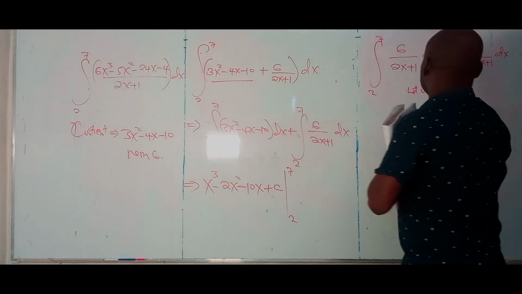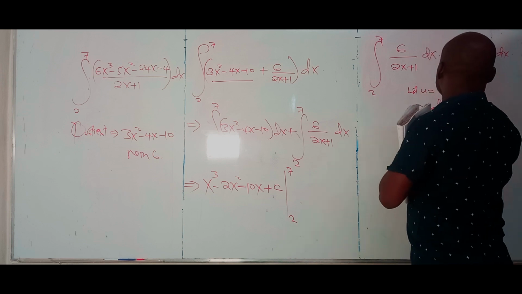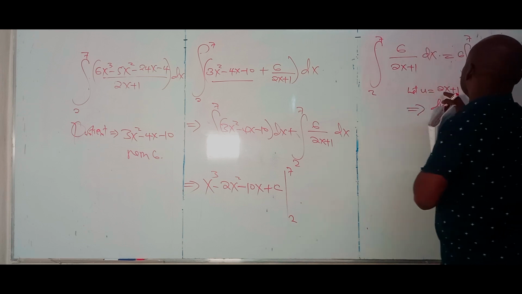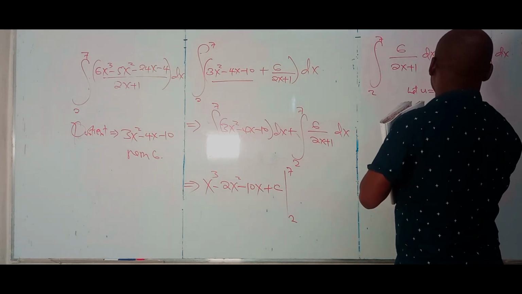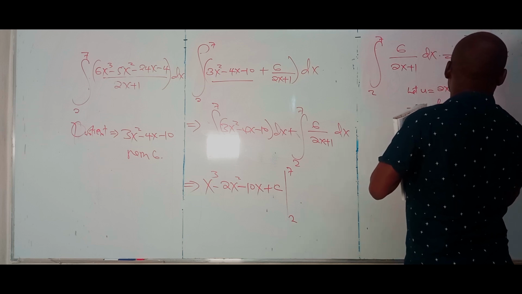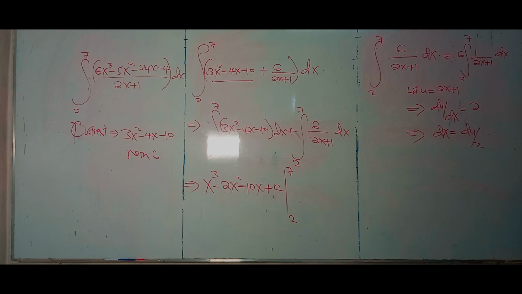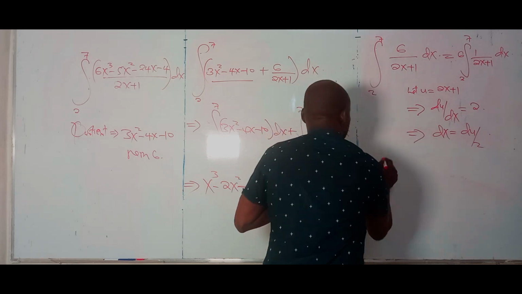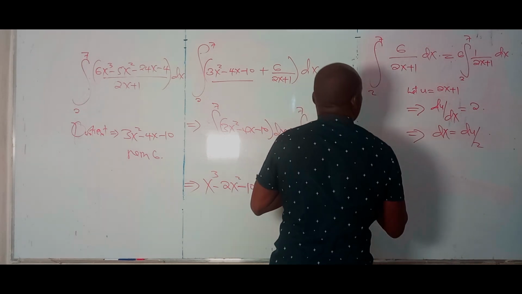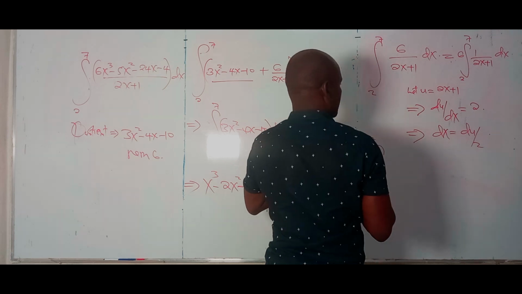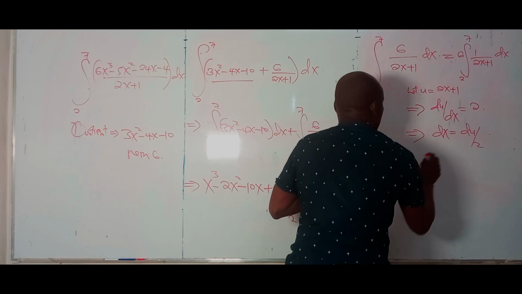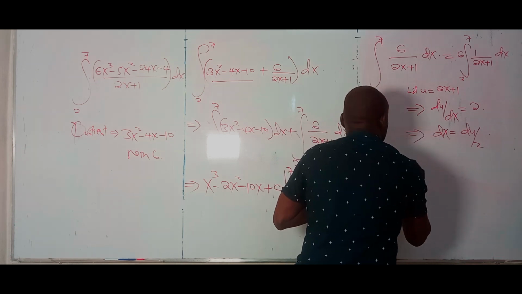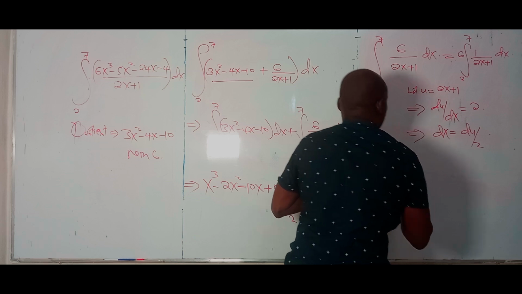If u is this, then du/dx is 2, and that implies dx is equal to du over 2. So I can substitute: 6 is outside, we have 1 over u, and where there is dx, I put du over 2.